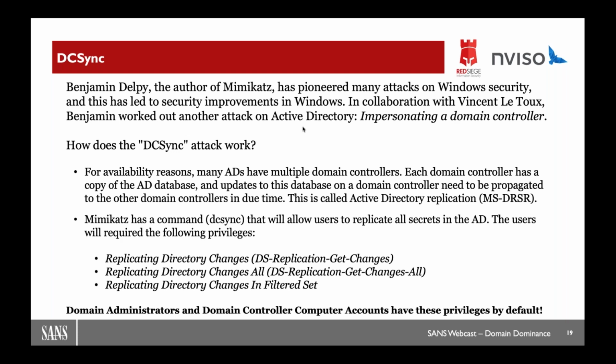To do this, domain controllers speak a protocol to one another, MS-DRSR, the Microsoft Directory Replication Service Remote Protocol. Any account which has those privileges, and I listed them here, Replicating Directory Changes All and Replicating Directory Changes in Filtered Set, is able to pull off this attack.